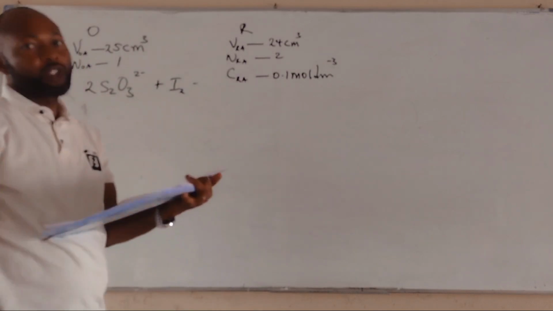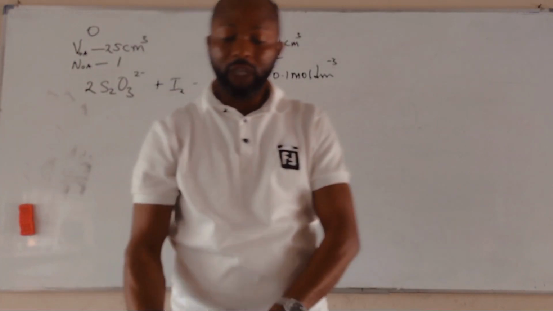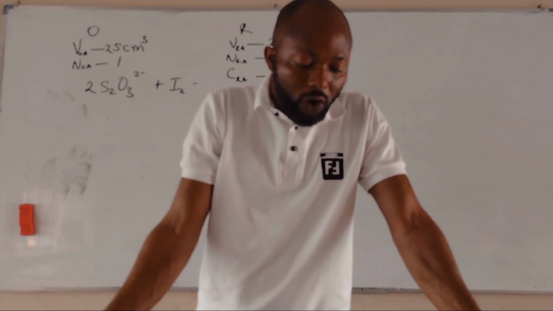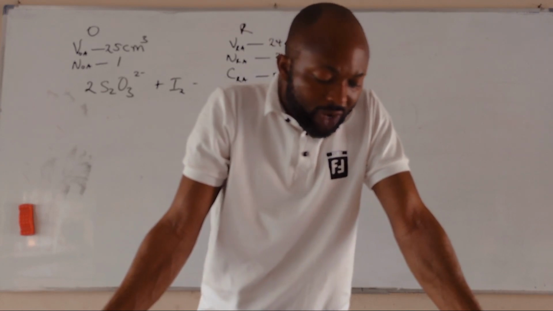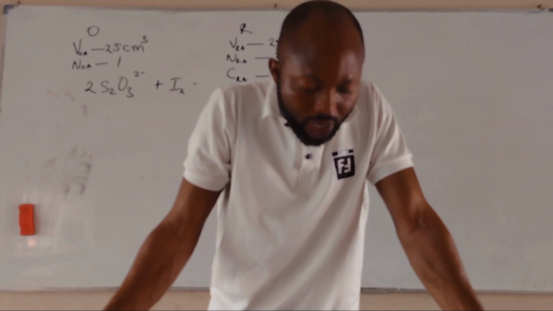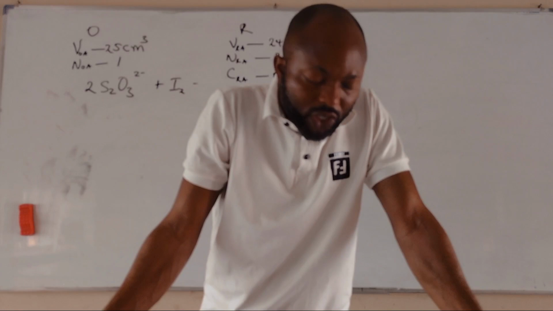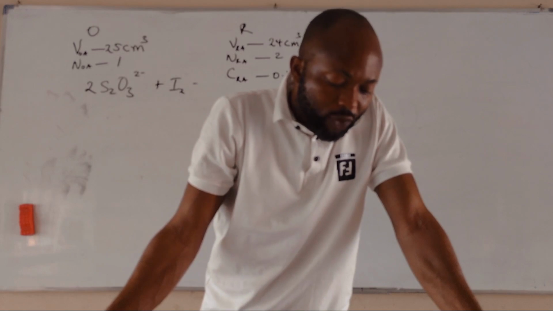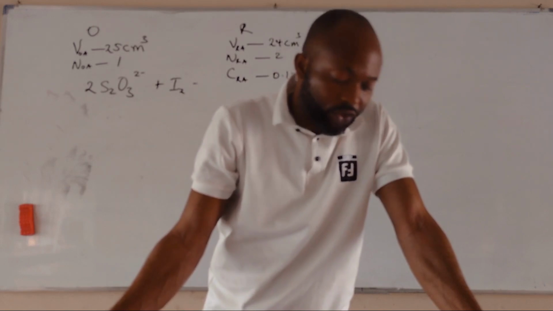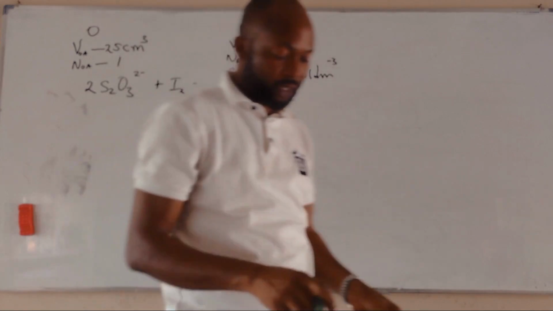So that is your assignment. Let me read it one more time. Sodium thiosulfate is put in a burette, and a known volume of iodine is prepared into the conical flask, and starch solution is used as indicator. If the endpoint of the reaction is 24 cm3, while the concentration of the reducing agent is 0.1 mole per dm3, calculate the concentration of the oxidizing agent, the mass concentration of oxidizing agent, and so on. The equation of reaction was given earlier, so I only cleaned part of it. So you can always get it, it is there.